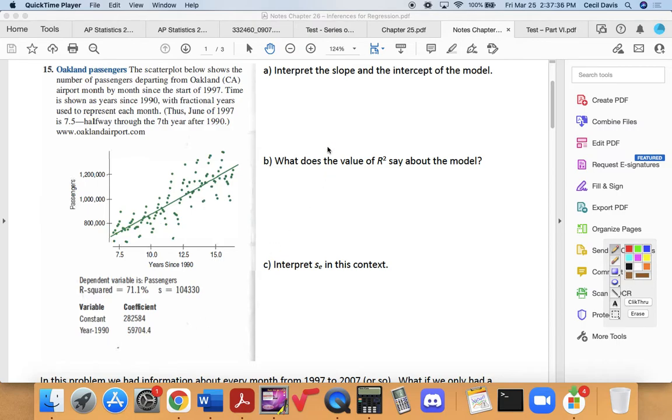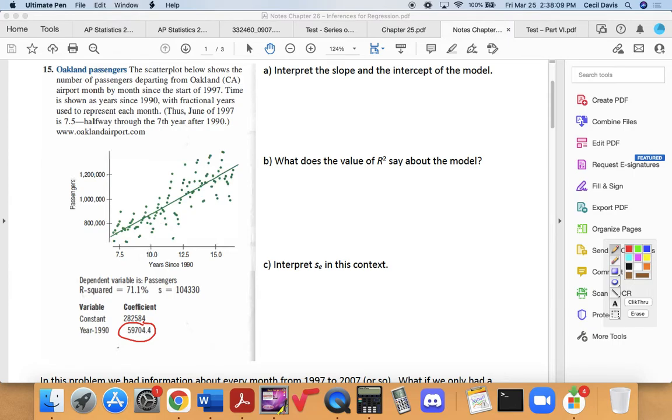So, interpret the slope. What is the slope? I'm not interpreting yet. I asked, what is the slope? 59,704.4, because there's fractional years.